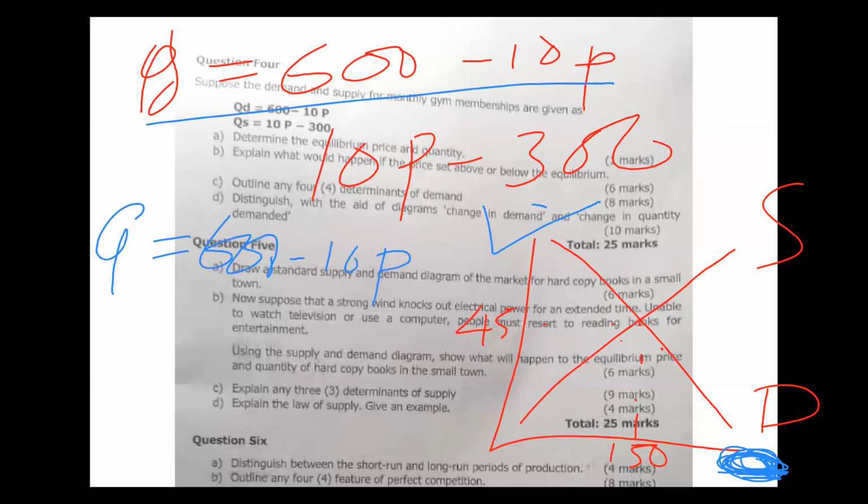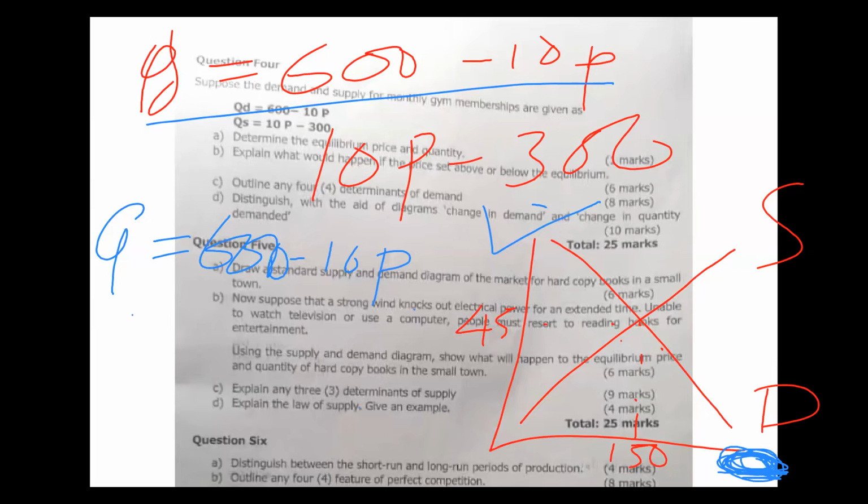Since it is the intercept, you want to find P. For you to find P along the demand curve, you use the demand function. You want to find the intercepts of the demand curve. When you get the demand function, if you want P, you will set quantity equal to 0.